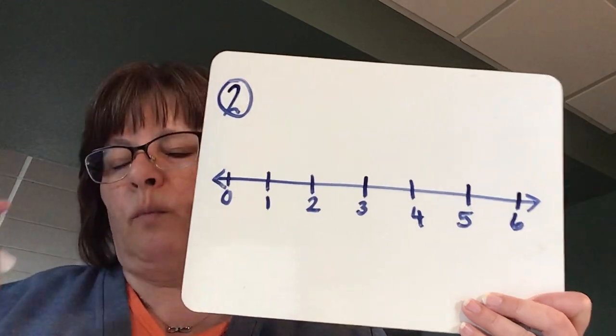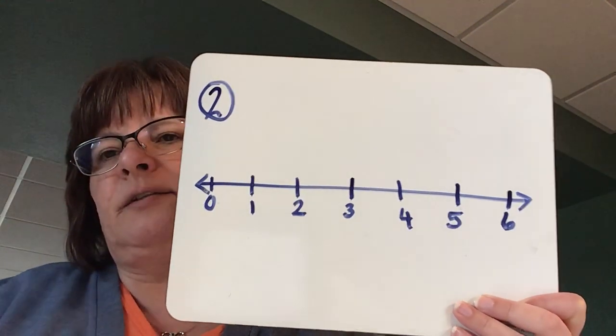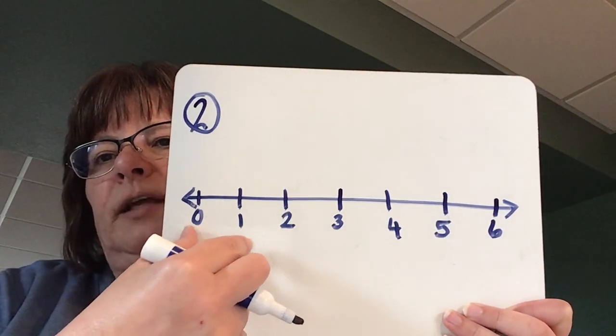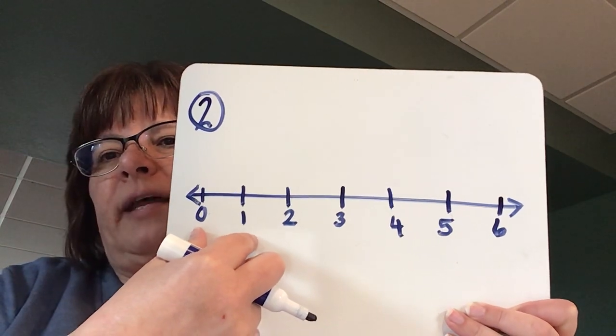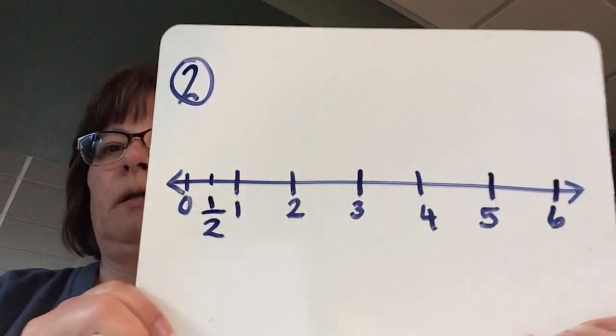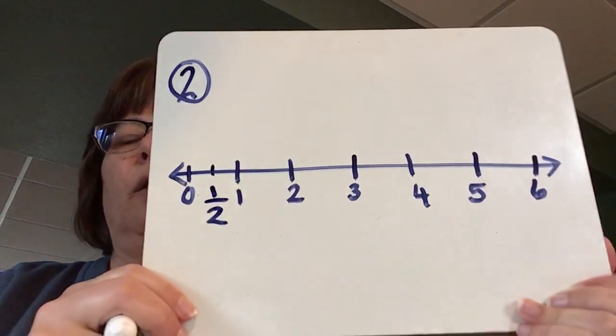But we want to know where 1/2 is. So we still, it's shrunk down more, want to find the halfway mark here. And we'll mark it 1/2. So I want to see that you've done this page and that you followed with me and marked it. So please send me a picture of page 240 so that I can check you off that you've got that.